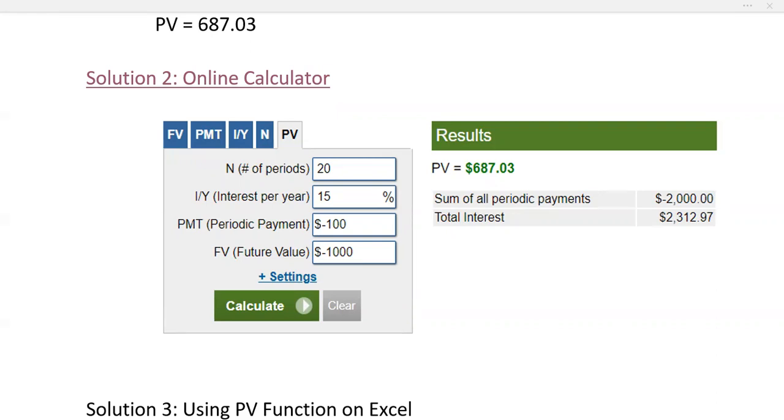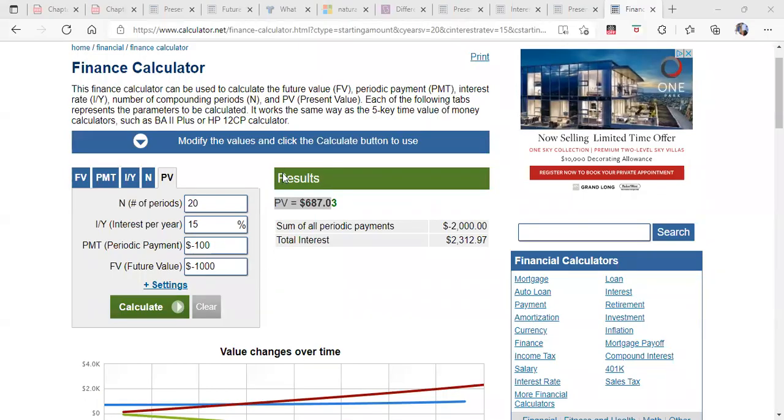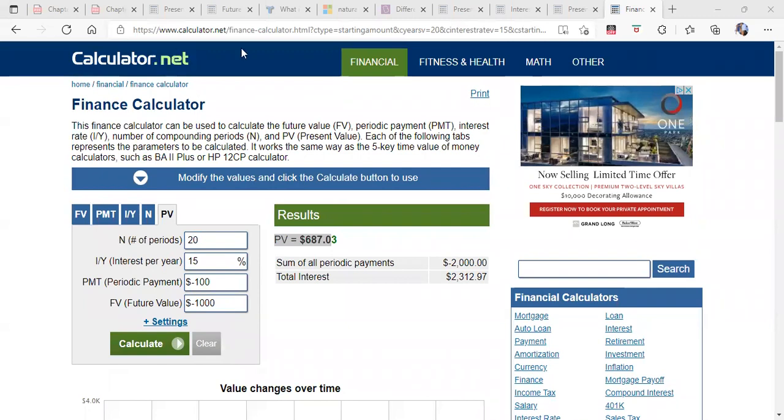Calculate that, and it gives us the same answer as our calculation. So once again, it's calculator.net, and we're looking at the finance calculator function, entering the data accordingly.